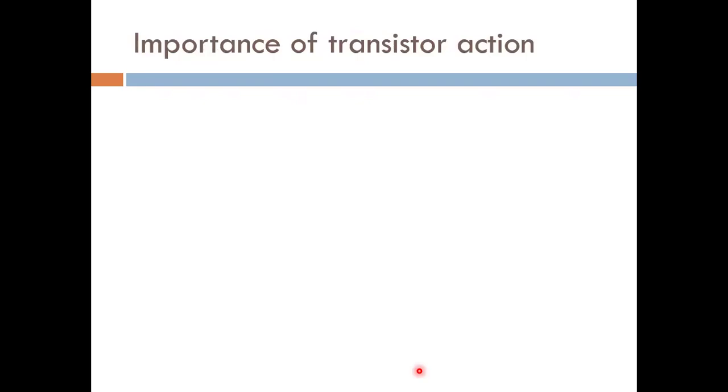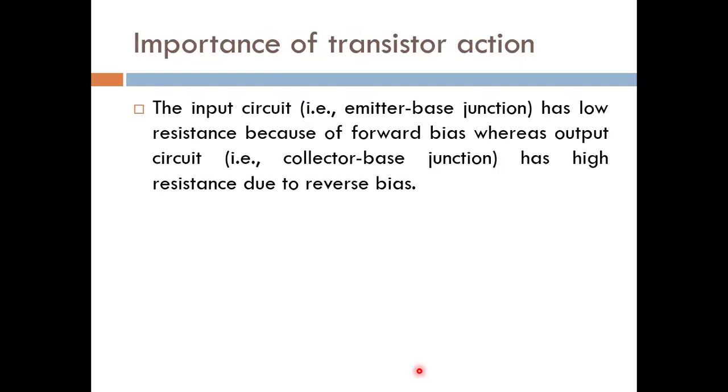If we talk about the importance of this transistor action, from this we will also realize why it's called transistor. The input circuit, which is base to emitter or emitter to base, it is low resistance because that is forward bias. Whereas output circuit, which is collector to base junction, it is high resistance due to reverse bias.